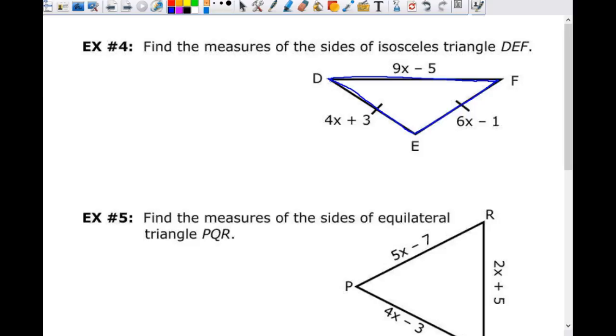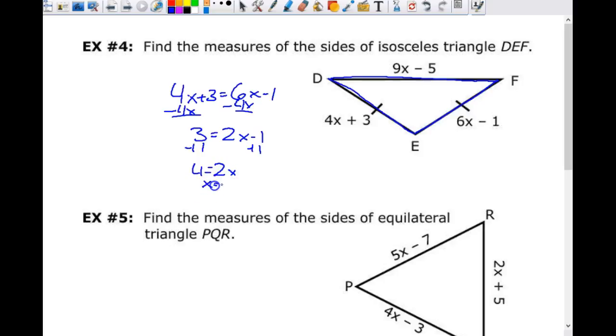Why do we know that? We have 2 congruency ticks, here and here. 4x plus 3 is equal to 6x minus 1. Minus 4x minus 4x. We get 3 is equal to 2x minus 1. Plus 1 plus 1. We get 4 is equal to 2x. X is equal to 2.